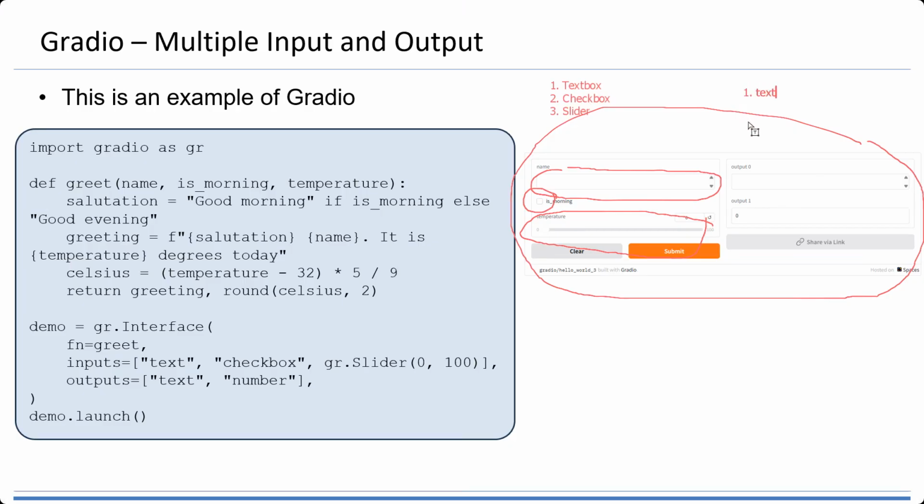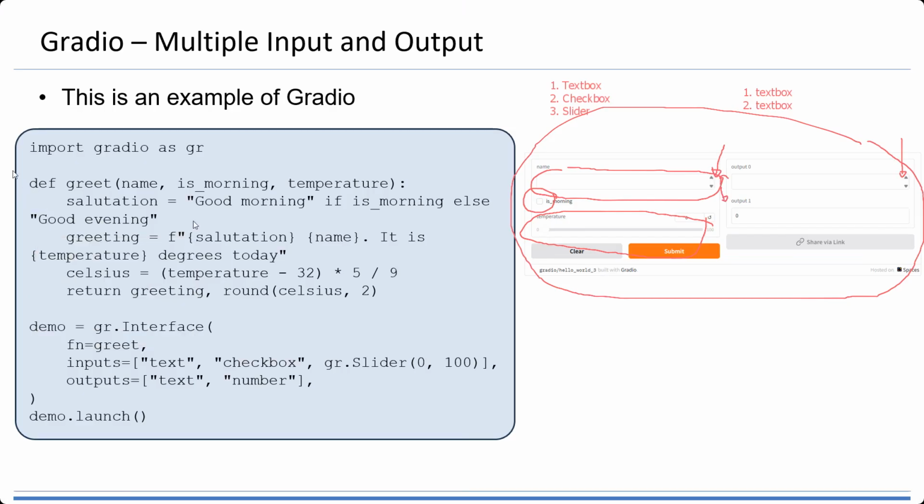The other output is also a text box or text. But if you look at this symbol, it seems it is a number, so you can increase and you can decrease.